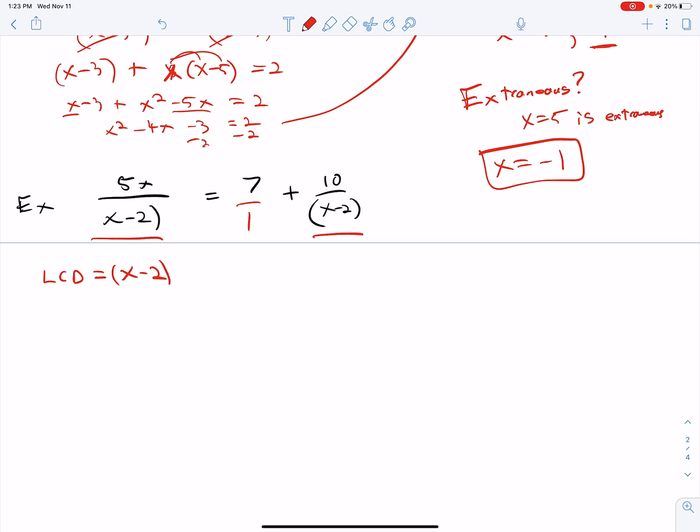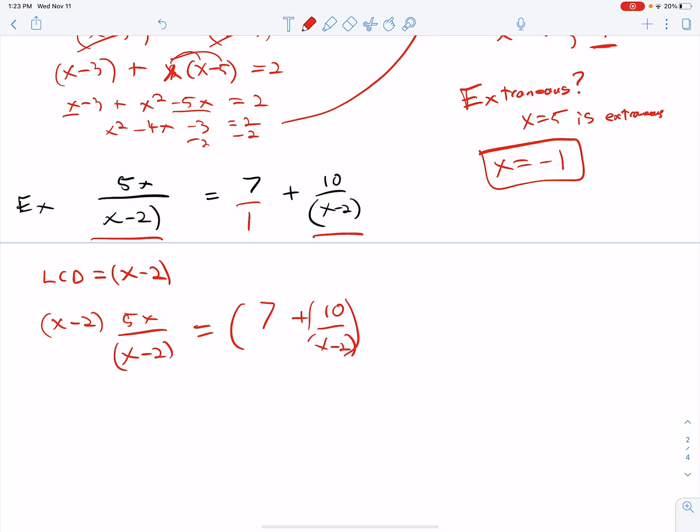So let's multiply each side by x minus 2. So we have x minus 2 times 5x over x minus 2 equals 7 plus 10 over x minus 2 times x minus 2. So on the left-hand side, those cancel out.